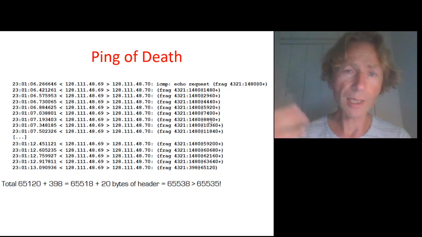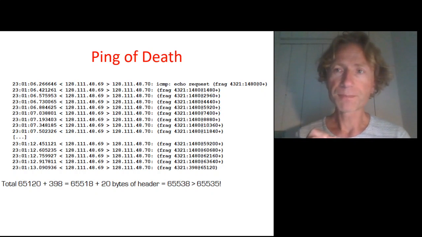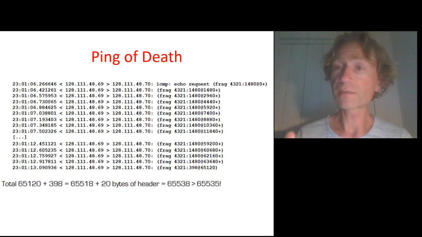We send more and more, and then at some point we get to a fragment that contains 398 bytes, and it starts at offset 65,120. This is problematic because, like I said, the maximum IP datagram is 64 kilobytes, in other words, 65535 bytes long.